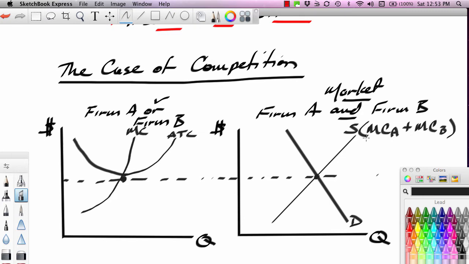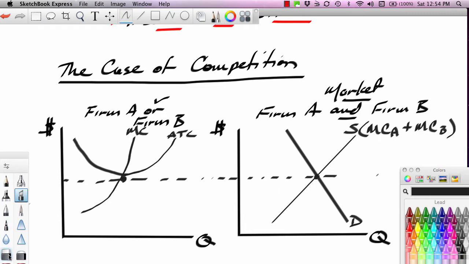If there were more than 2 competitors, if there was an MCA, an MCB, and an MCC, the supply curve would be further to the right. If there was only 1 competitor, MCA or MCB, the supply curve would be further to the left. So the MC curve of the firm ends up becoming the supply curve of the firm. If those are summed together, you have the market supply curve.